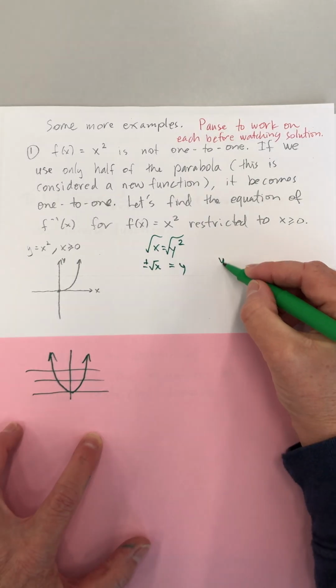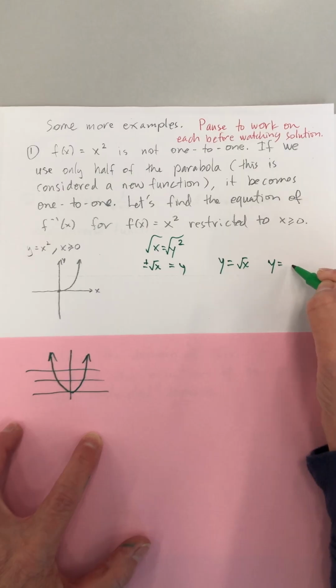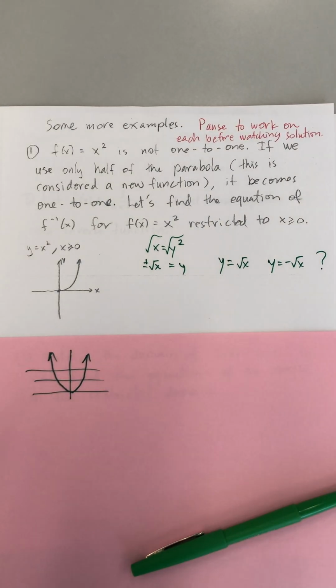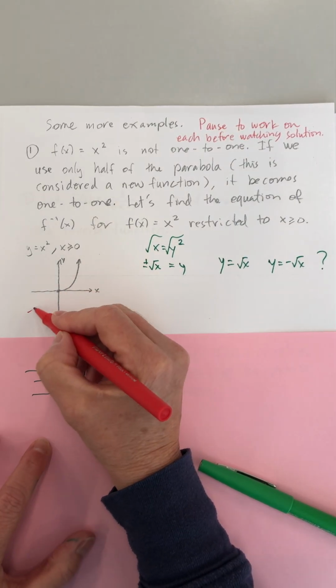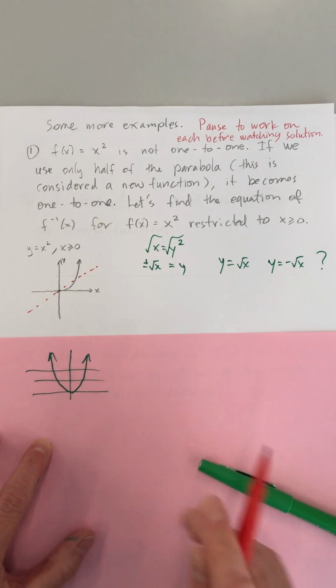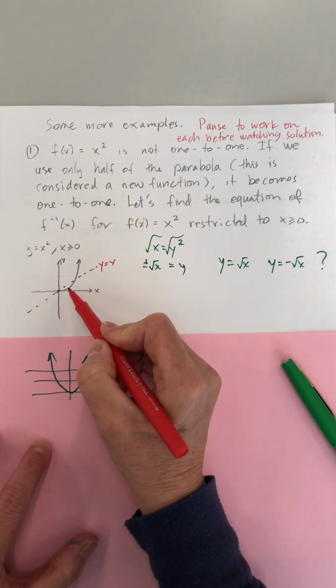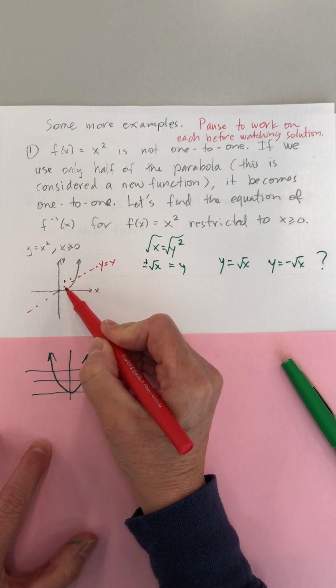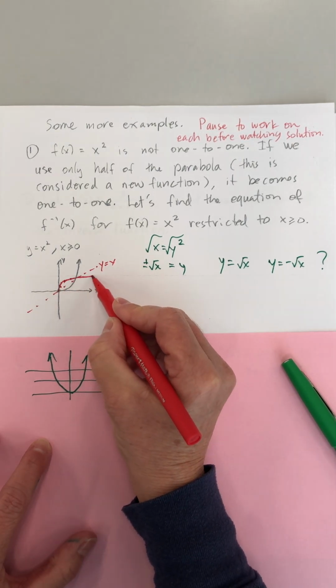So the question is, does the inverse equal root x or does the inverse equal negative root x? Well, if I think about it as the graph, to get the graph of the inverse, I would take the original and reflect it across the line y equals x. Then if I reflect all these points, I'm going to get this graph.